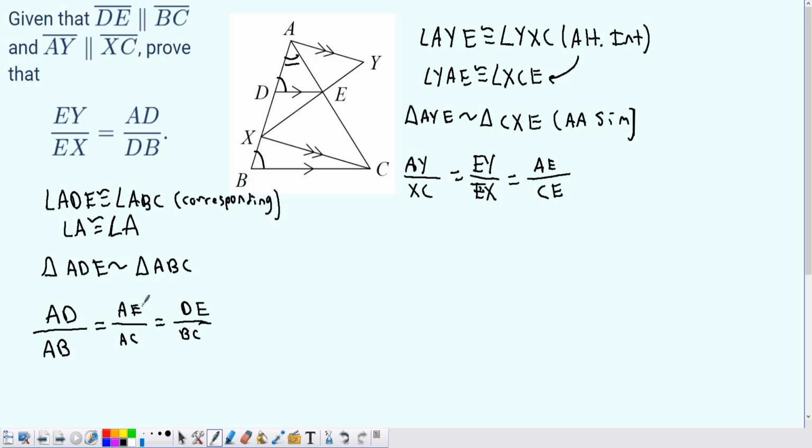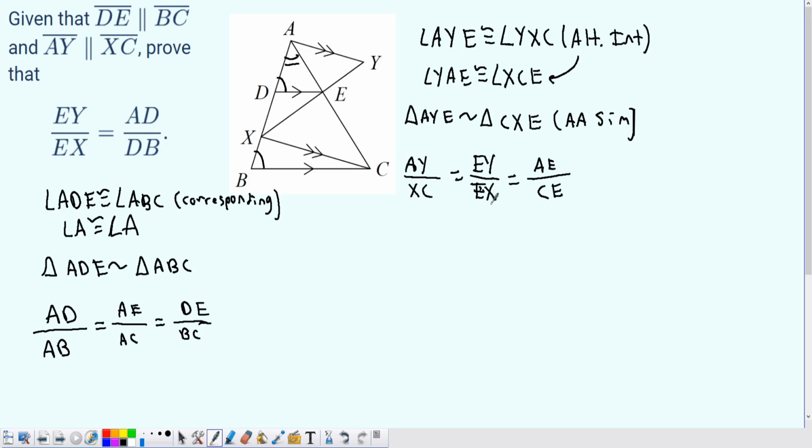So, anything like there? Well, AD is good. AD's fine, but it's over this AB. Now, the AB might be causing me a little bit of problems. However, I do notice the two things I want, EY over EX and AD over DB.